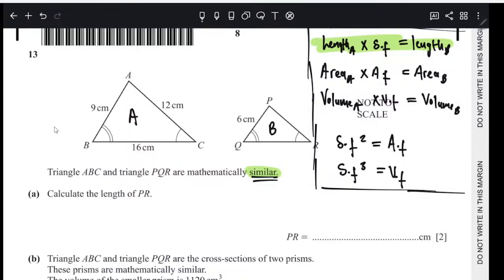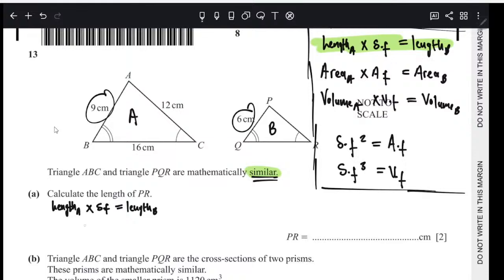I can choose a side that I know on both shapes. This side, I know it on both shapes. It's 9 here, it's 6 here. So I'm going to say length on A times the scale factor gives me the same length on B. You can even do it better.